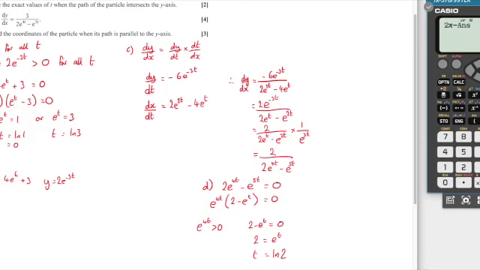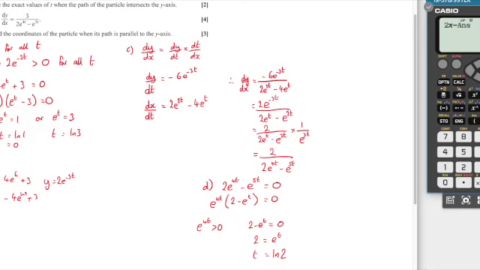e to the 2 ln 2, so that is 4, minus 4e to the ln 2, plus 3, so 4 plus 3 is 7, minus 8, that's going to be minus 1.